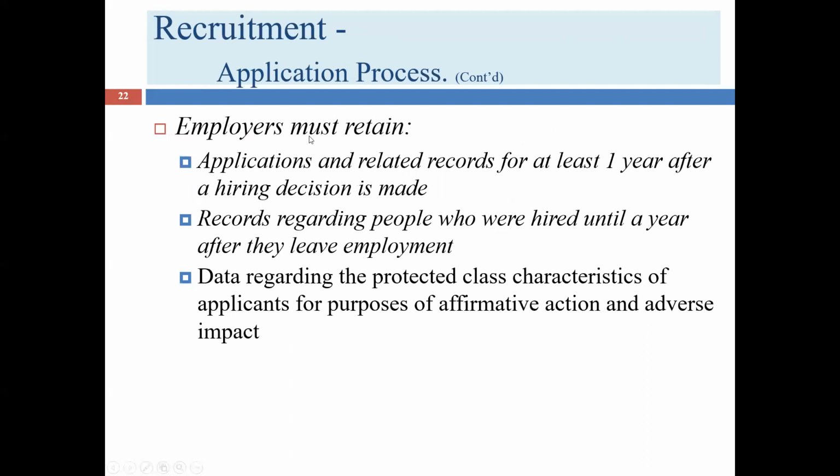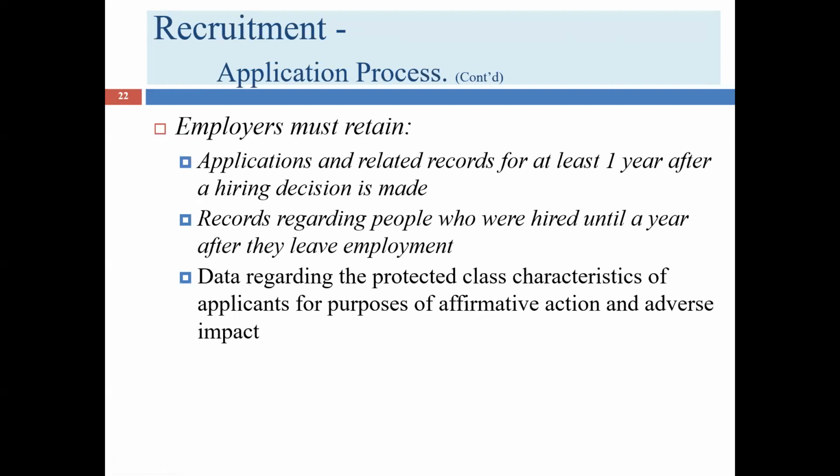Let's look at what the rules are about retention. Applications and related records have to be kept 1 year after a hiring decision is made. Records relating to who was hired have to be retained 1 year after they leave employment. So let's think this through for a second. We have 2 candidates for a particular position. Bob applies on January 1st, 2019.